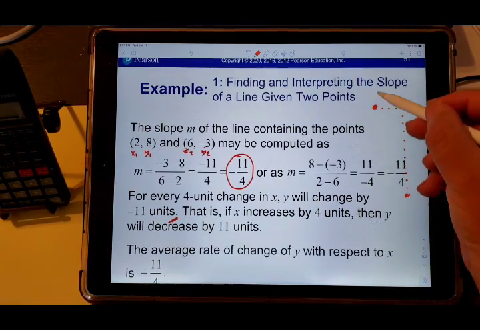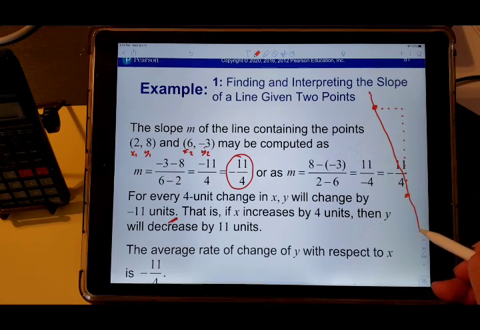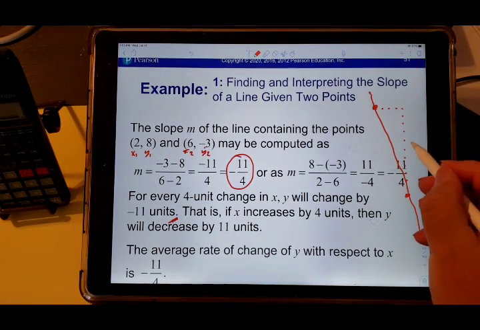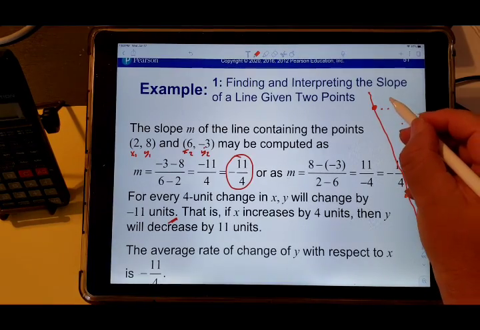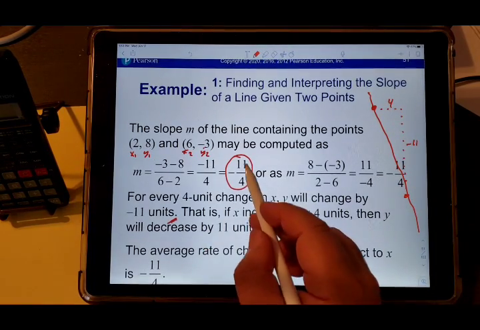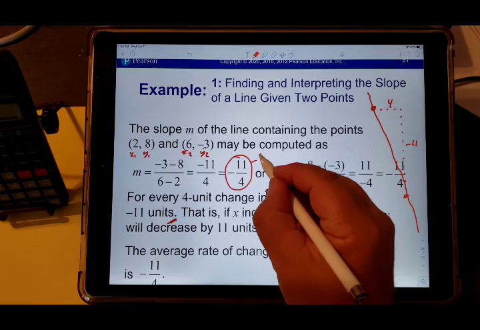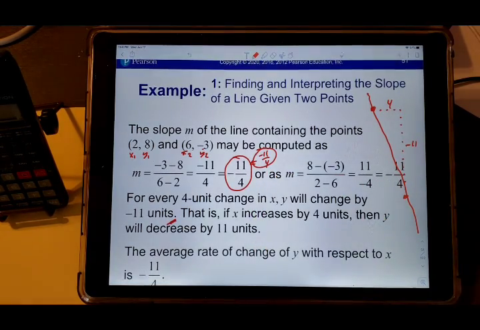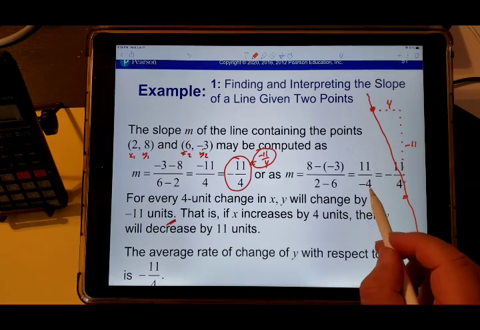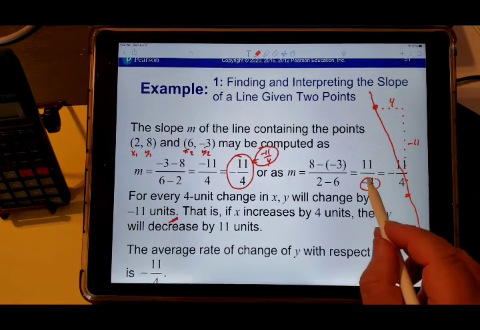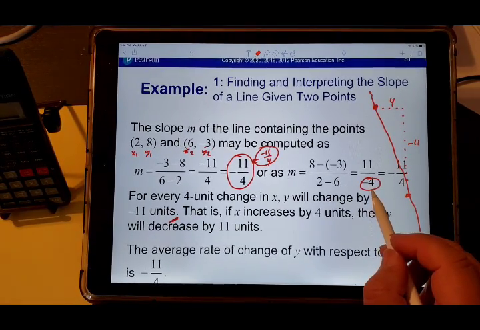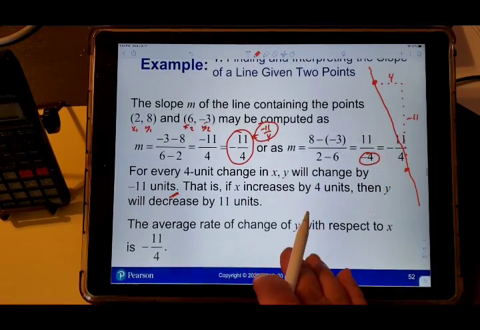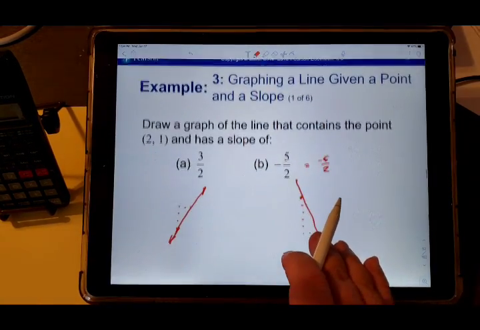So this is what this line would look like. And the change in y, -11, over the change in x, 4, would fit this fraction if I were to write the fraction this way. Notice how they put the minus in the denominator when they calculated it a different way, and that would also be true. So we'll see those ideas later.